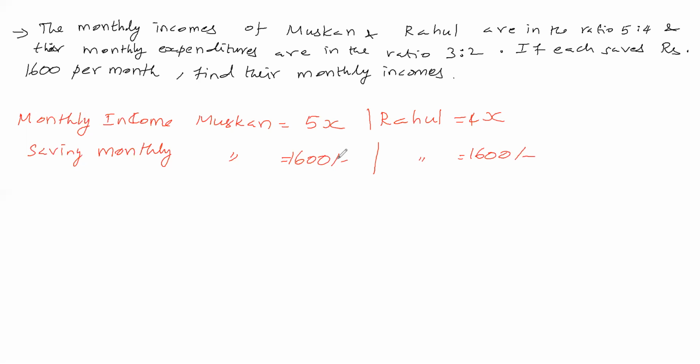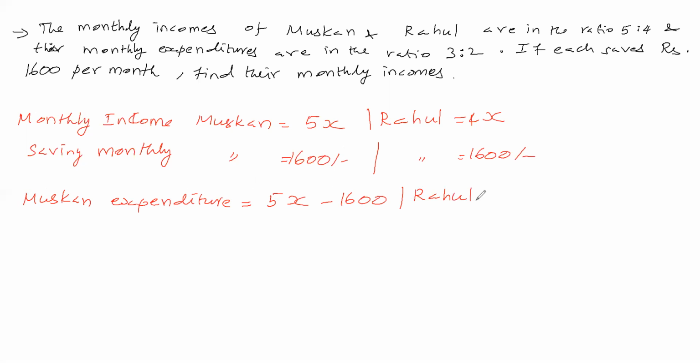Now, expenditure we will see. Expenditure is how much? For Muskan, income is 5x, saving is 1600, and the remaining is expenditure.